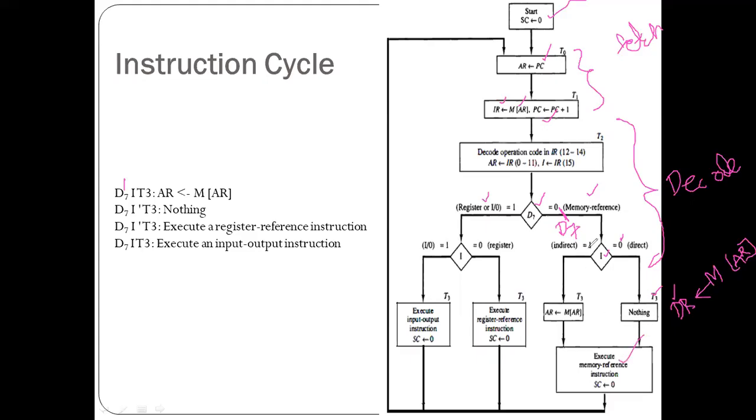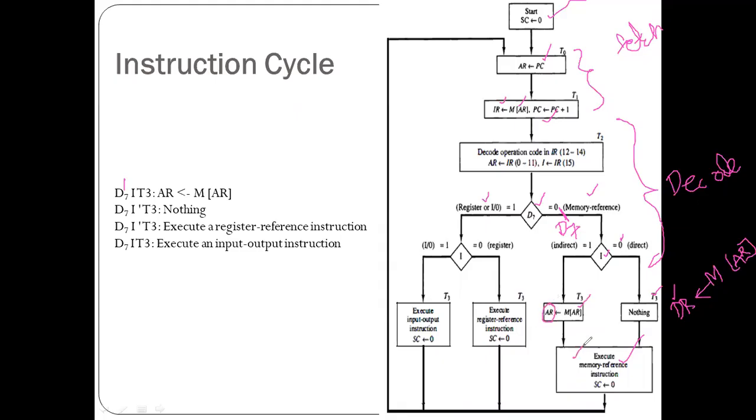If I is equal to 1, it means the 12 bits are not the direct address. It holds another memory address where you have your actual data item. So one extra memory reference you have to do for getting the actual address of the operand.